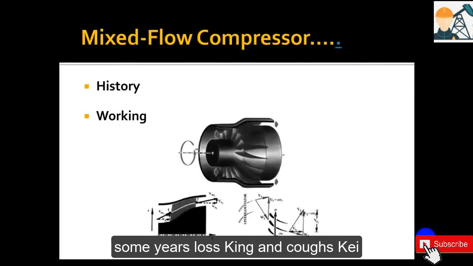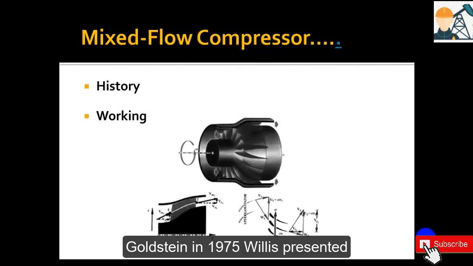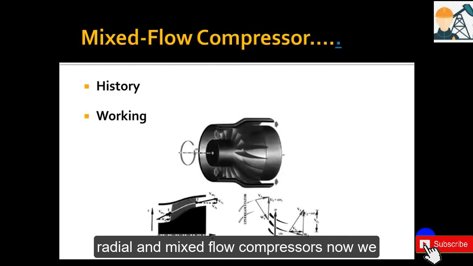After some years, Loskin and Kovsky investigated a mixed flow compressor stage with a vaneless diffuser. The first document for the design of a mixed flow compressor was that described by Goldstein. In 1975, Wallace presented a computer-aided design procedure for radial and mixed flow compressors.